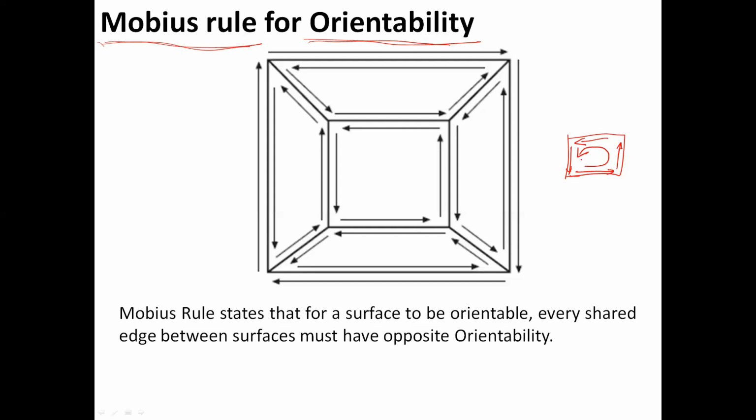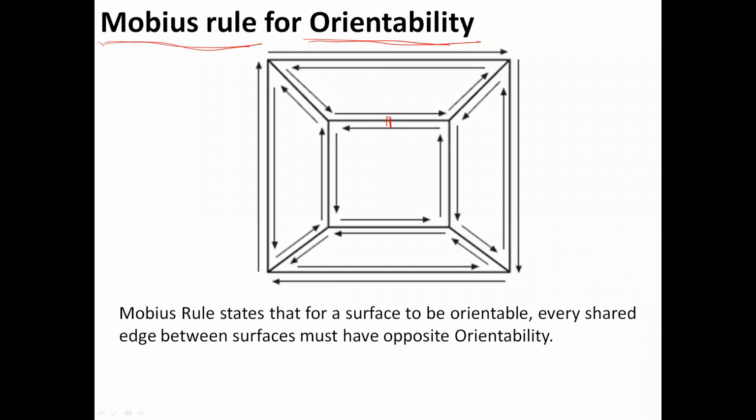So for any surface or any model which is closed and orientable, Mobius gave a very simple and straightforward rule: for any surface, the loop has to be complete, and most important, for an edge that is shared between two surfaces, the orientability will be opposite in direction at both the surfaces along the shared edge.